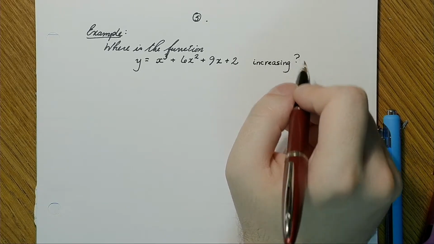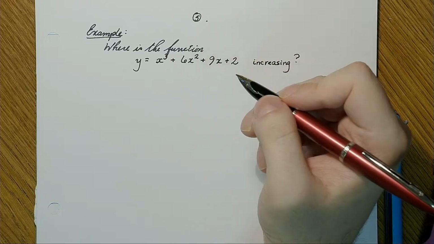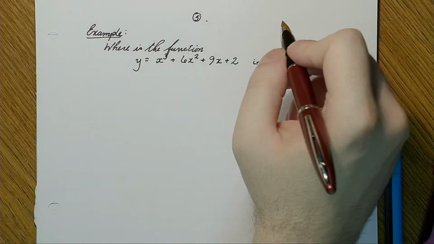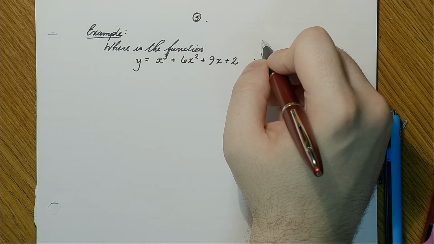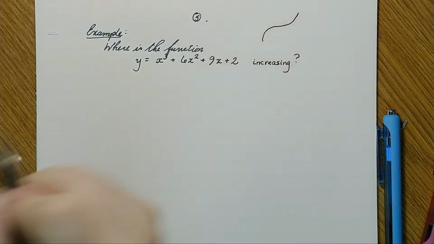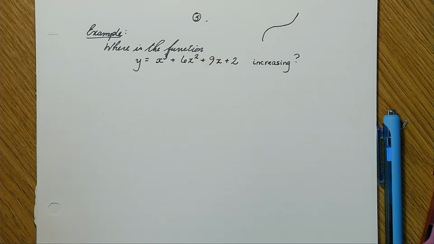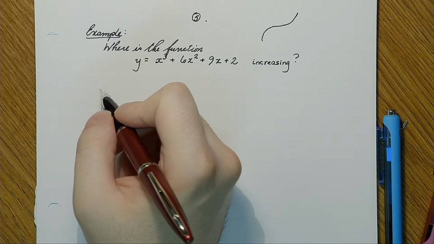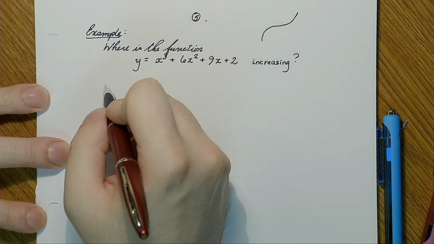So without sketching this, I kind of know that this is a cubic function. It'll have some sort of shape like that. But without me actually drawing it, I don't know where the intervals are where it's increasing and decreasing.